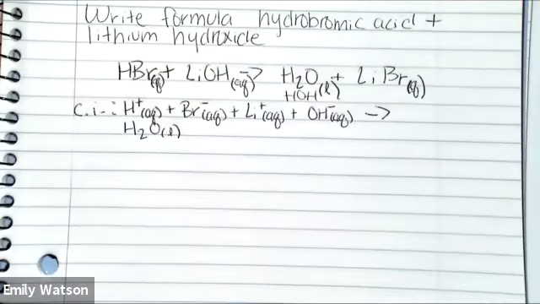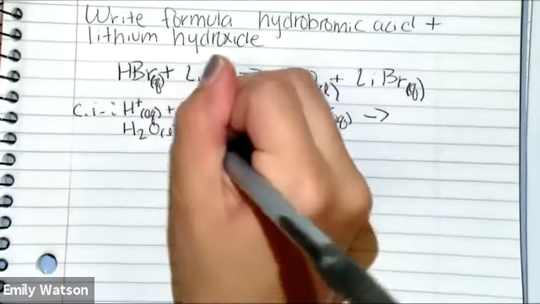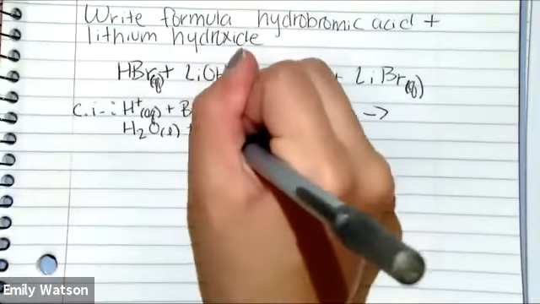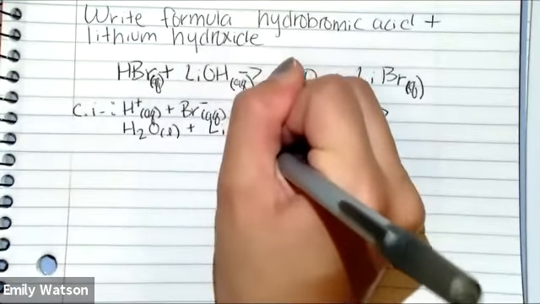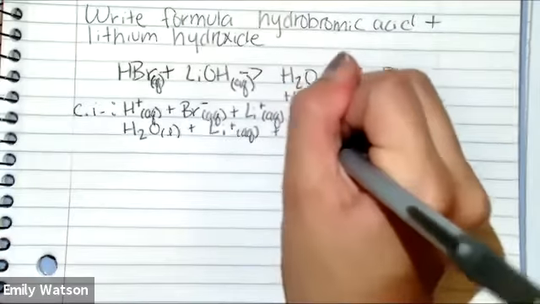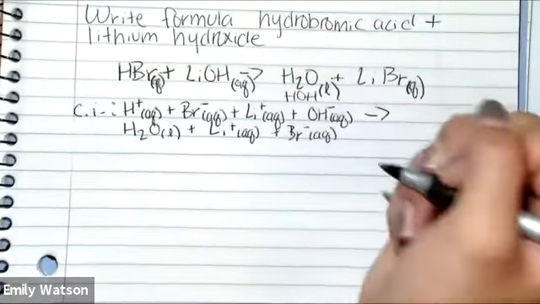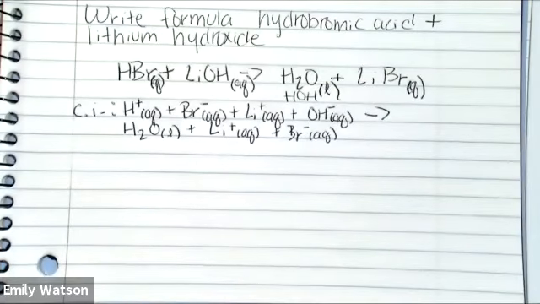We're not splitting this up into H and OH because it's not aqueous. It's just water. It's liquid. Plus Li plus aqueous plus Br minus aqueous. So that's our complete ionic, right?